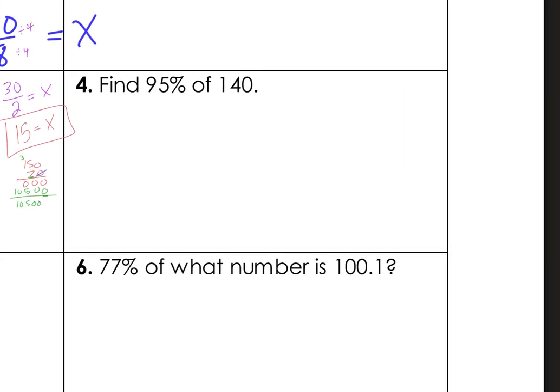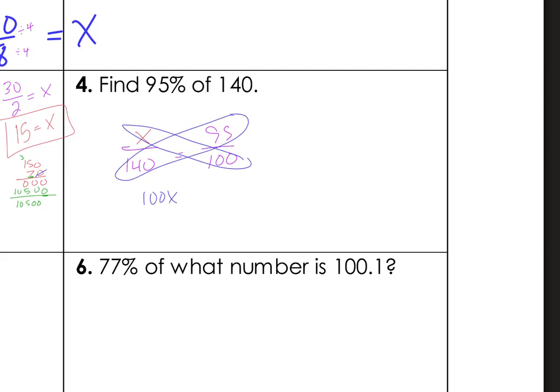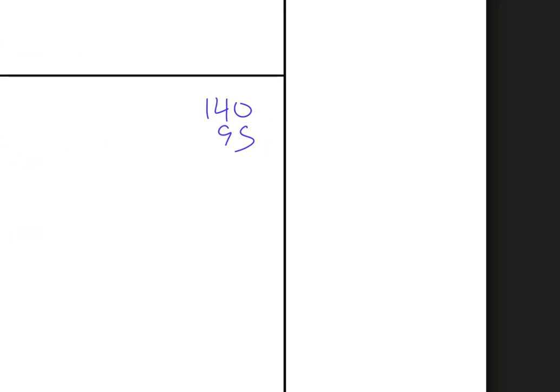Number 4 I'm going to do because it doesn't say what. It just says find 95% of 140. Okay? So is over of 140, 95%. We're looking for what the is in this situation. You could cross multiply and get 100x, and you could cross multiply here and get 140 times 95.